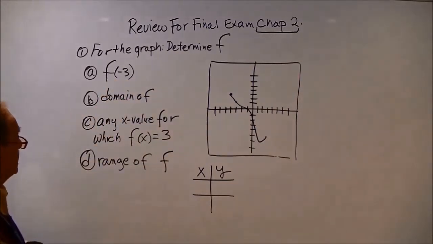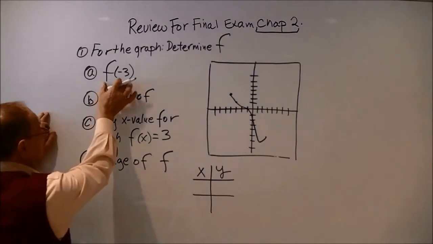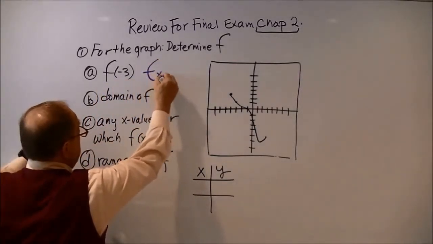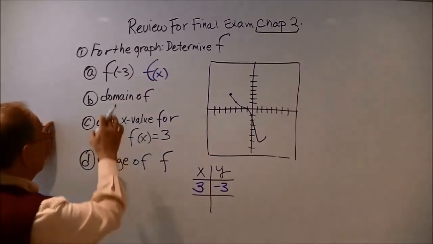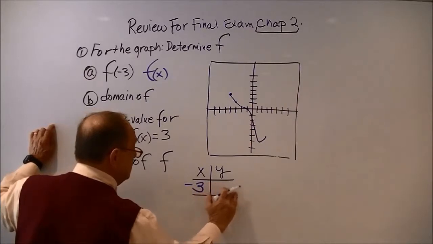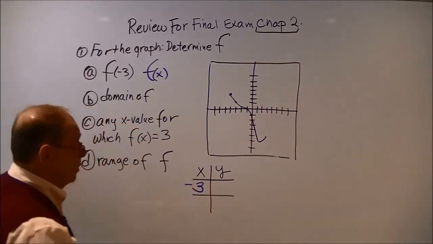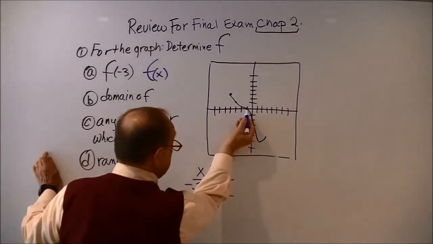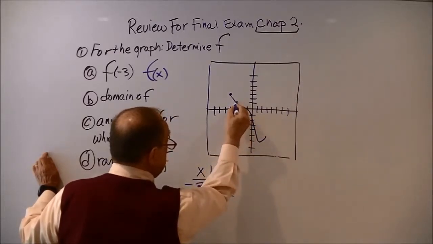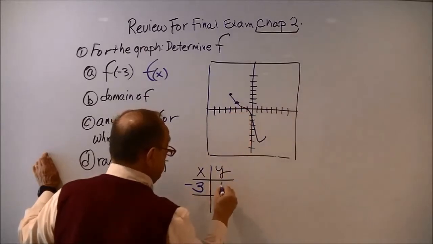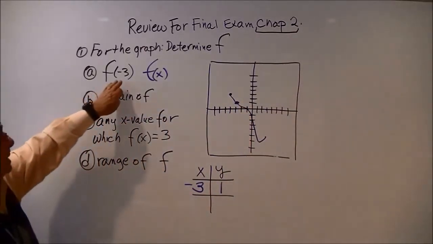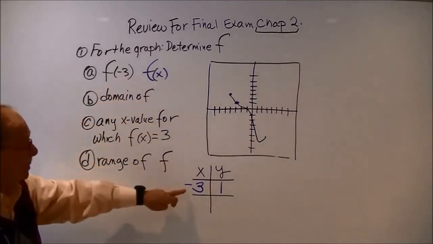So the technique we said for something like that is to put that x value, remember this is written f of x, but here it's saying our x value is -3, so we're going to have to change that. All right. So where is x at -3? Well, 1, 2, 3, right there. And we see our y value there is a 1. Okay, that's better. Again, you have to be careful. We did the right concept, but I put the wrong number there.